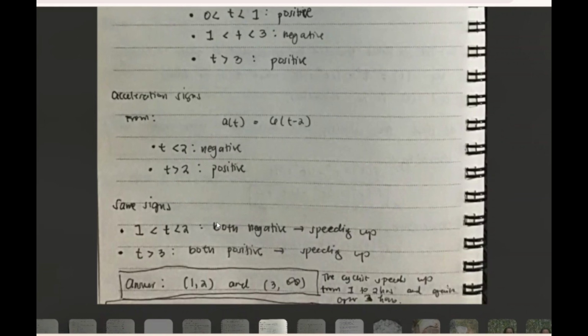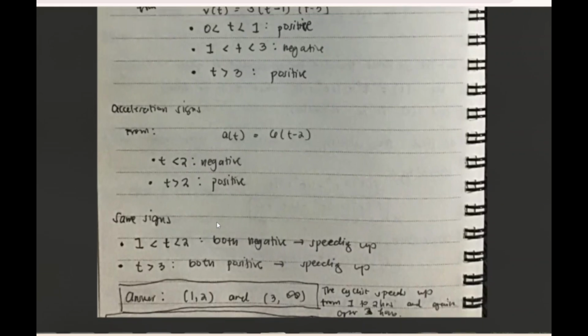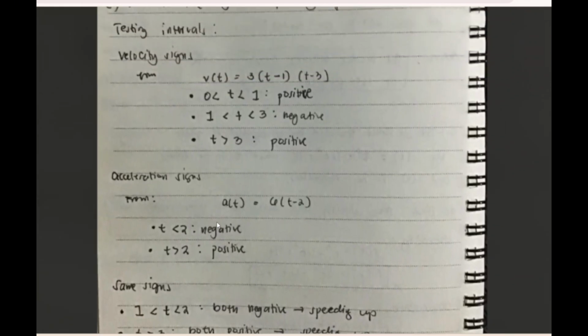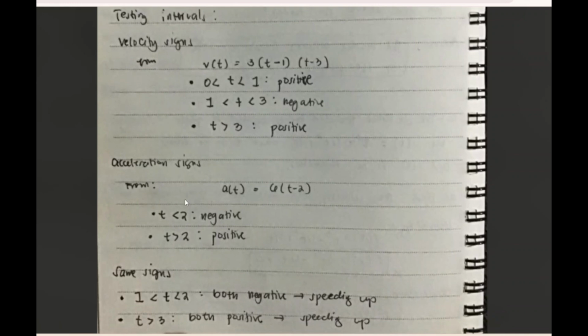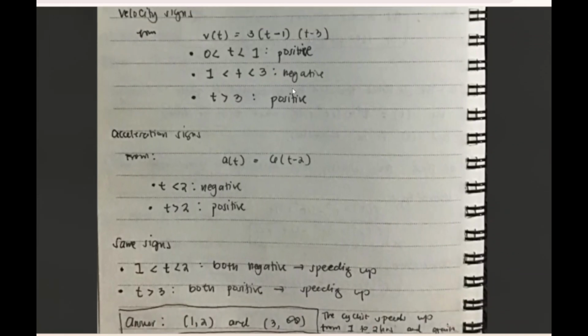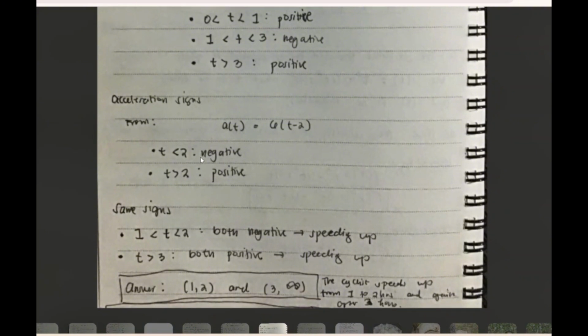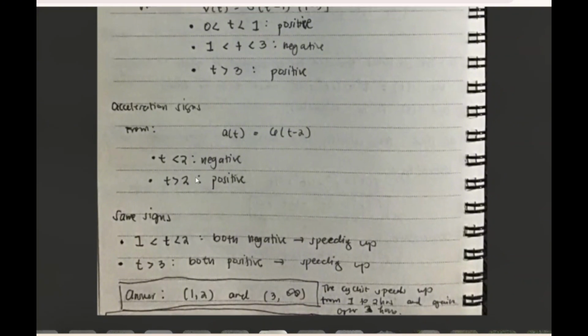So now let us determine the signs that are the same or match from velocity and acceleration. Since we can find this one here and this one here as negative signs, we can combine them together, which is t is greater than 1 but less than 2.